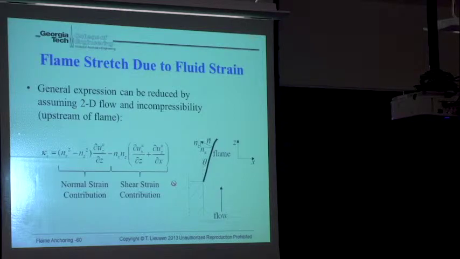And I end up with basically two categories of terms. One I'm going to call the normal strain contribution. The other is the shear strain contribution. So the normal strain is how the axial velocity is changing in the axial direction. In other words, if UZ is the velocity in this direction, how is UZ changing in the direction of flow?